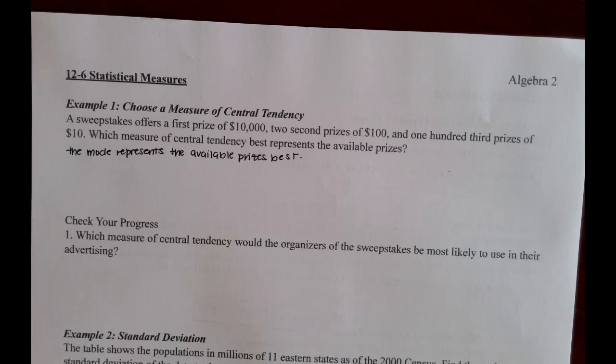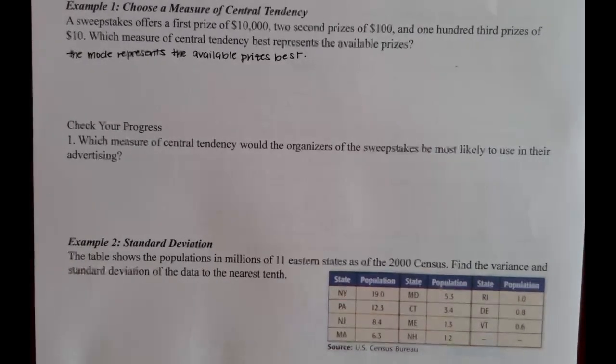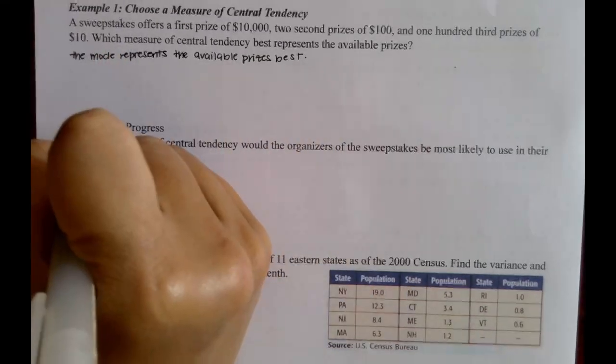Which measure of central tendency would the organizers of the sweepstakes be most likely to use in their advertising? If you were advertising this so that people would sign up, you would probably choose the mean.